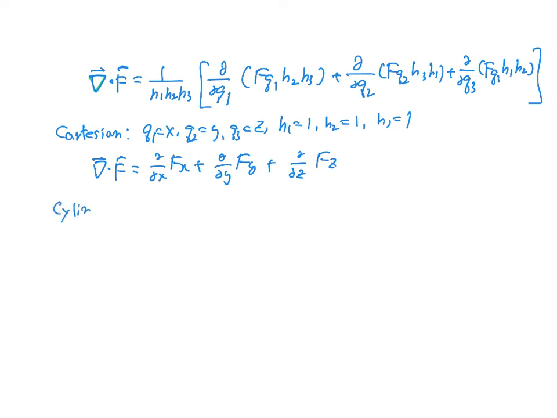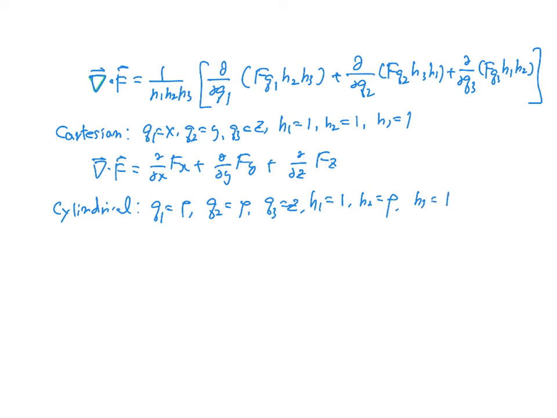Cylindrical coordinate. Q1 is rho, Q2 is phi, Q3 is z, H1 is 1, H2 is rho, H3 is 1.